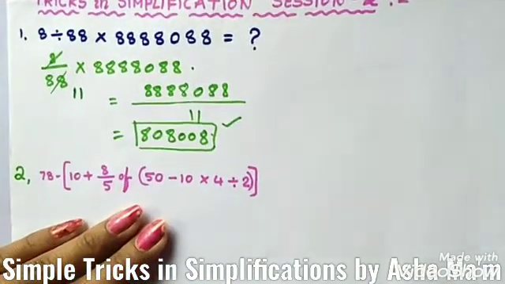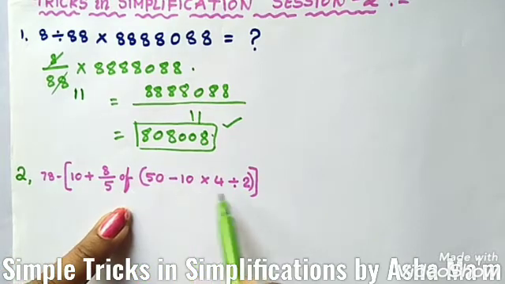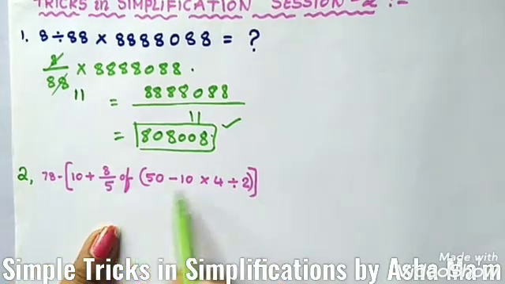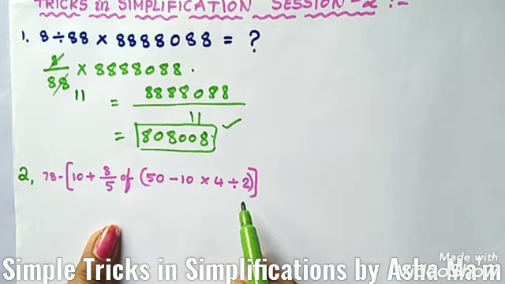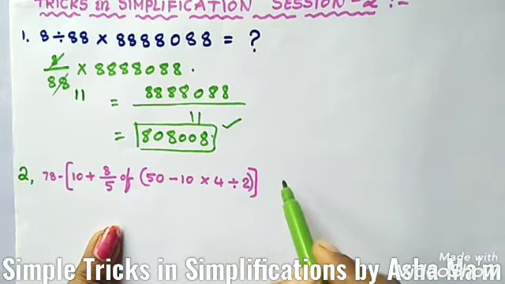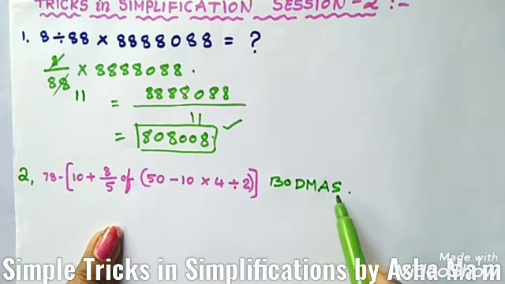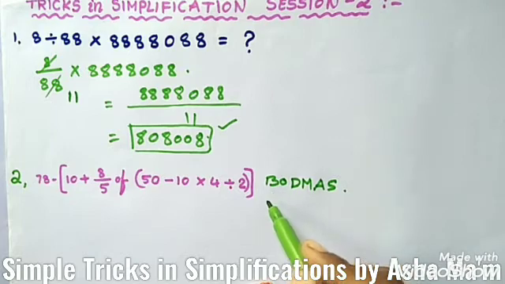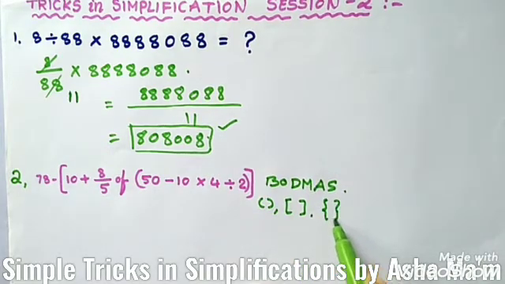What we have is 78 minus 10 plus 8 by 5 of 50 minus 10 into 4 divided by 2. Here students you can see division operation is there, subtraction is there, multiplication is there and brackets also. So you have to follow the BODMAS rule for this question. B stands for brackets. Brackets have types like square brackets and curly brackets also.